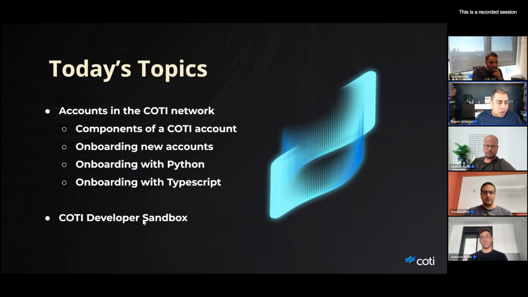So we're going to talk about the components of an account and what the onboarding process for a new account looks like. And then a couple of folks from the dev team are going to show you what that looks like with the Python SDK and the TypeScript SDK.